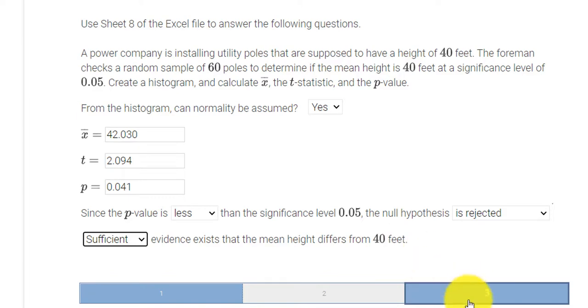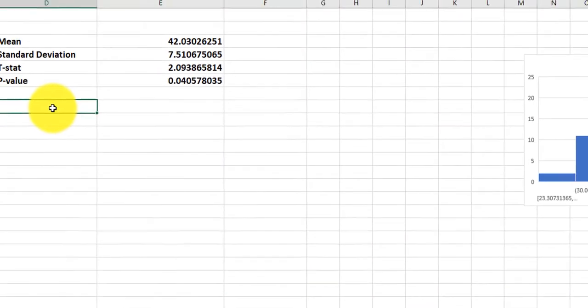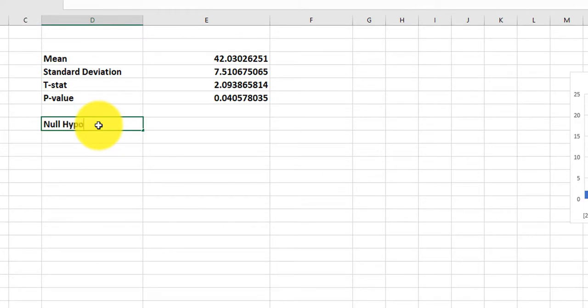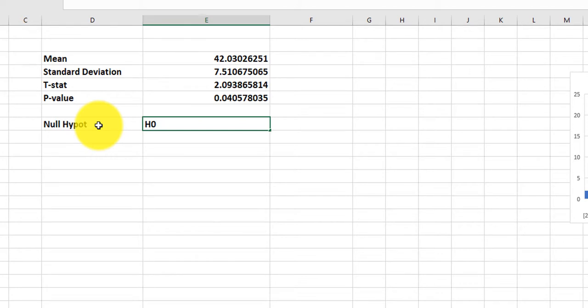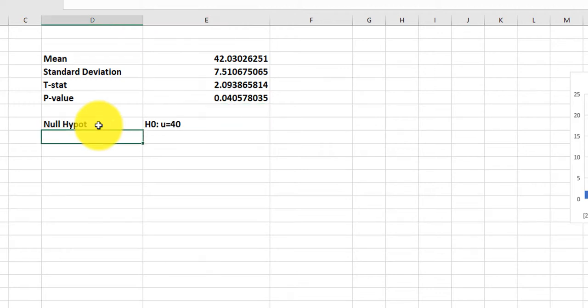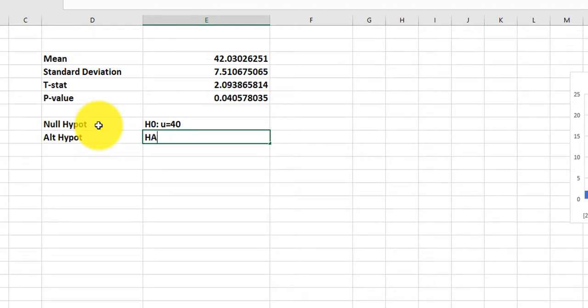So my null hypothesis, H0, would be the mean is equal to 40, and my alternative would be HA, some books use H1, that my mean was not equal to 40. That's a two-tailed test, right?